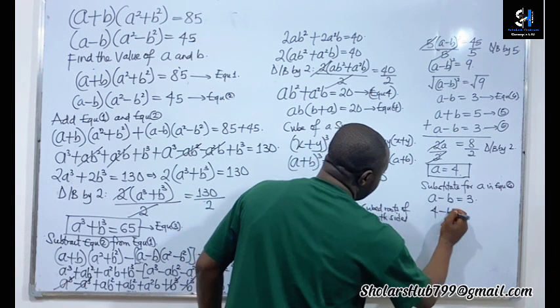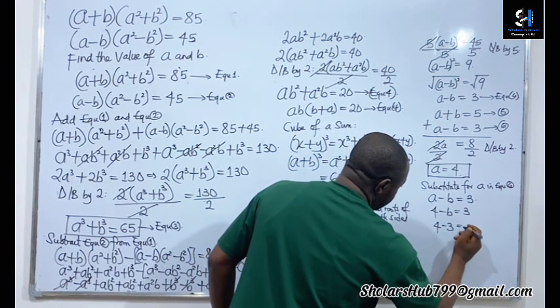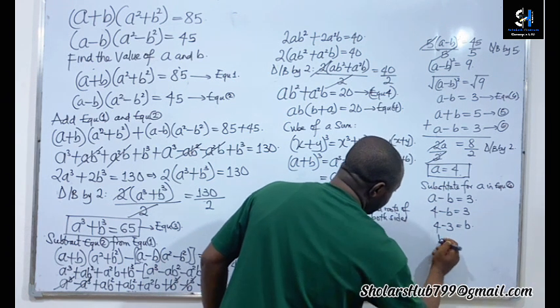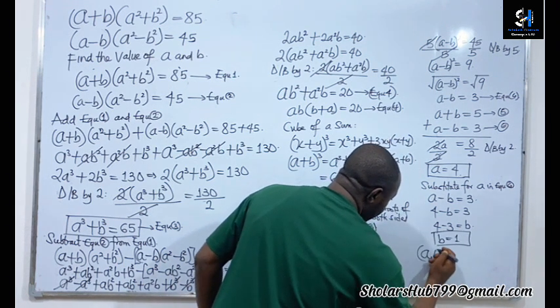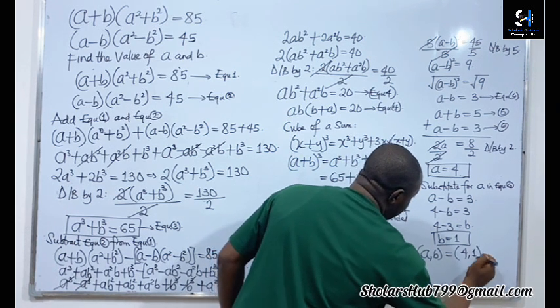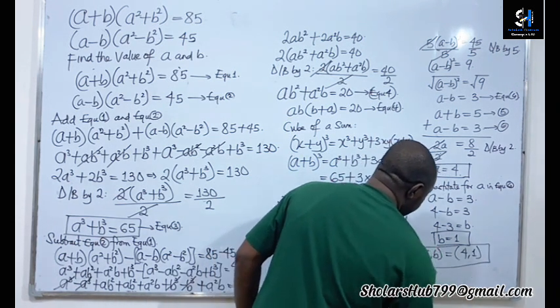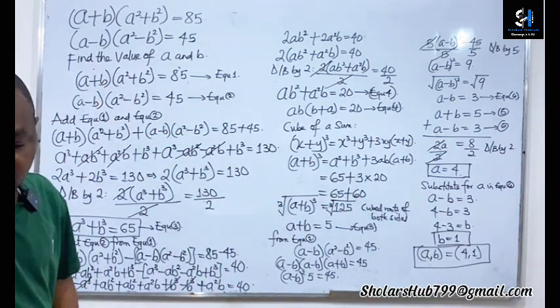So this is 4 minus b equals 3, so 4 minus 3 equals b, and b is equal to 1. Therefore, the values of a and b are 4 and 1.